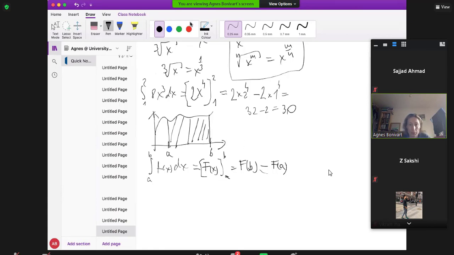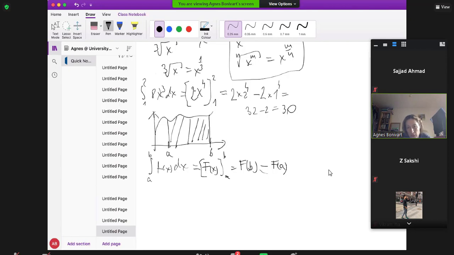Okay, so one more thing. Let me draw your attention to the mistake many students commit. Sometimes students substitute the limit into the function and they don't integrate it. It's not good. The first step is you integrate the function and you don't care about the limit.